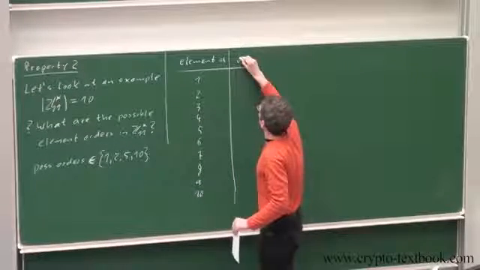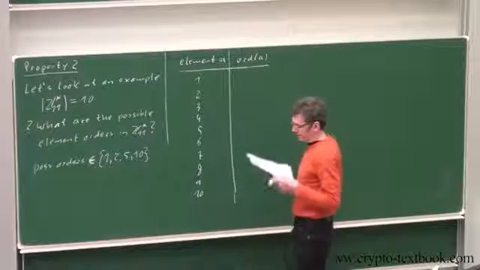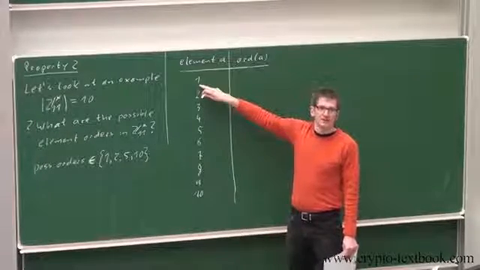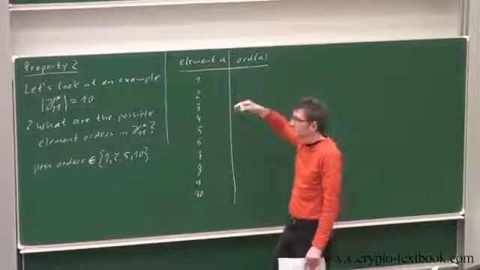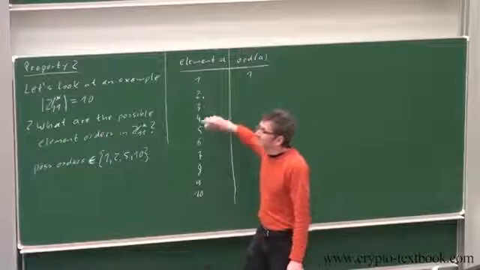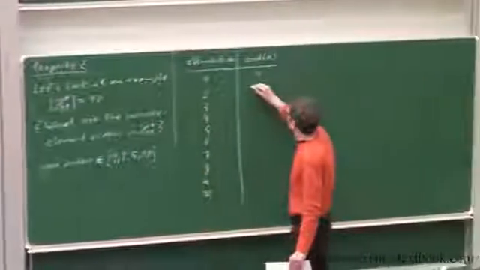And here I give you the order of. Anybody has an idea what the order of 1 is? 1, exactly. 1 to the 1 is 1. So this is the order of 2: 10, right? This is the upper blackboard there.